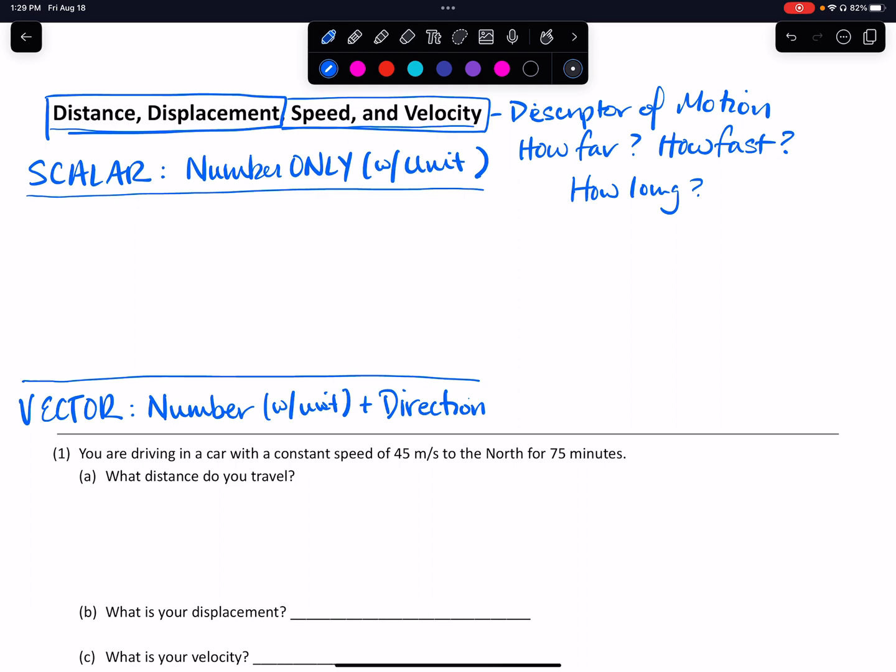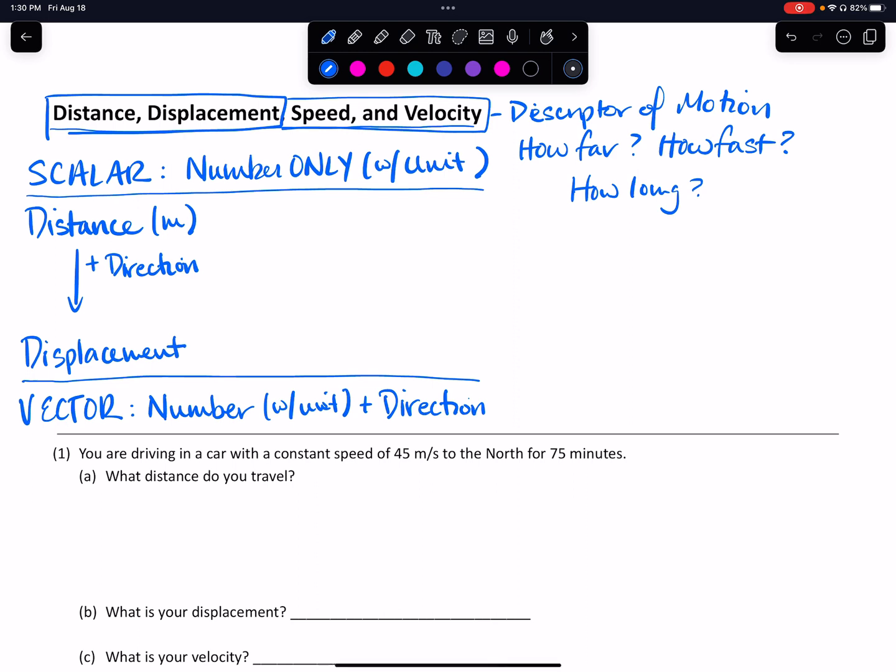For the scalar measurements, we have distance. That is simply how far the object moved. We tend to stick with meters. If we take that distance and add direction, it becomes a vector measurement, which we call displacement.